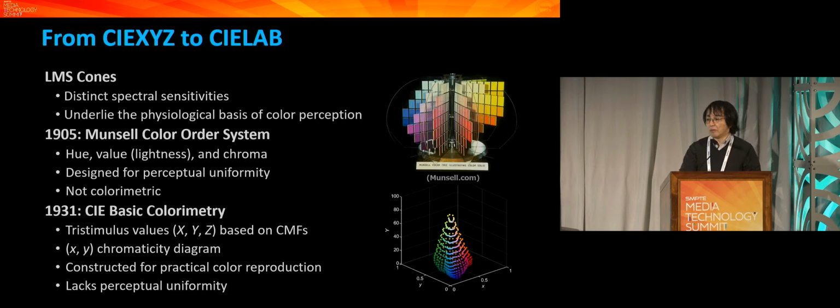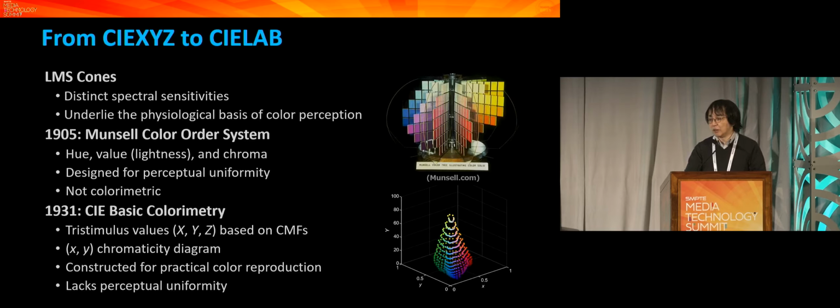In 1905, Munsell introduced the color order system. He defined hue, value, and chroma in a cylindrical space that was designed for perceptual uniformity. But the space was not colorimetric.